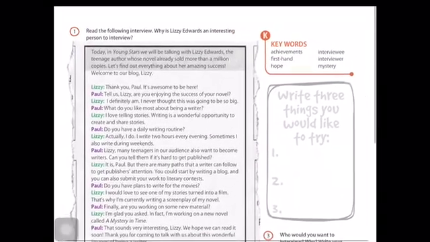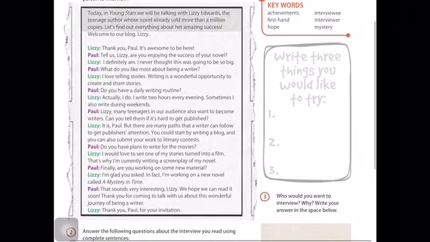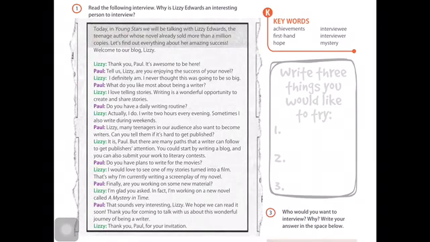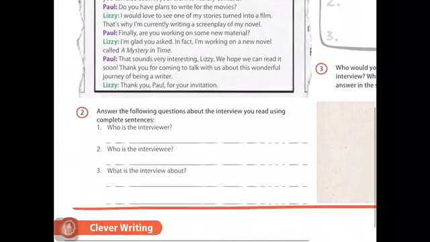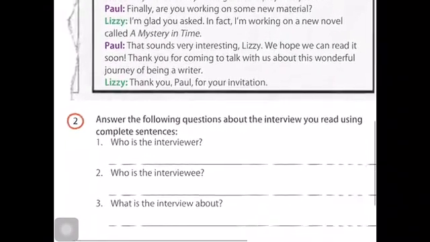Okay? The first one says, read the following interview. Why is Lizzie Edwards an interesting person to interview? So you just have to read all the interview and answer this question. Exercise number 2 says, answer the following questions about the interview you read using complete sentences. Who is the interviewer, Paul or Lizzie?